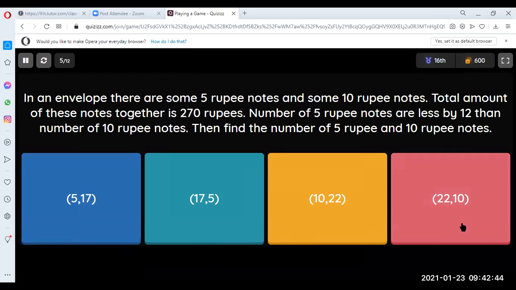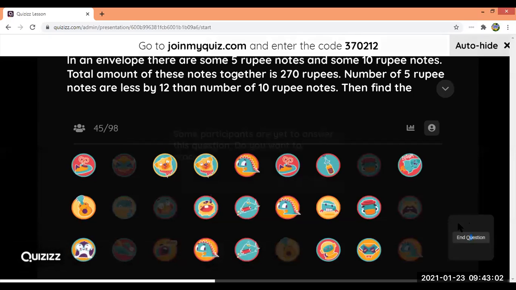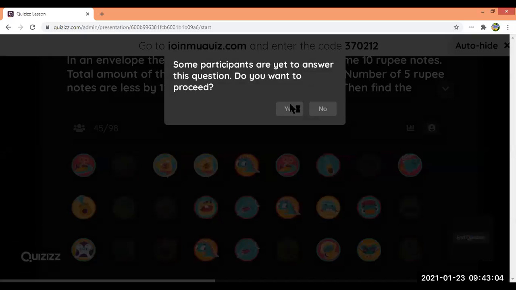We got the value of x to be 10. Which one shows x equals 10? Just 5 more seconds and I'll end the quiz. 44 of you have already got the answer. And there I'm going to end it. Let's see how many of you have got it right.